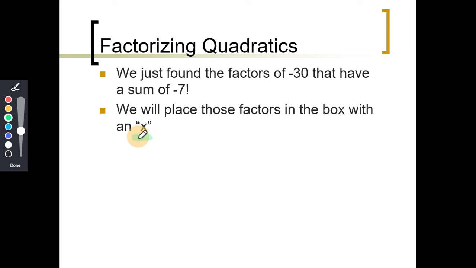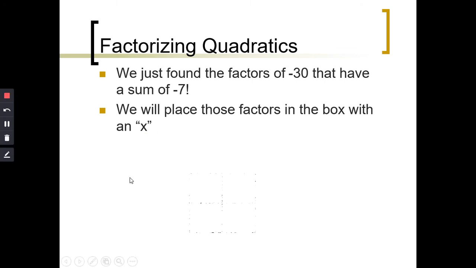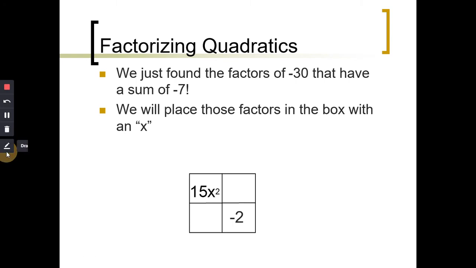Instead of saying 3 and negative 10, we are going to say 3x and negative 10x. And we are going to write each of those expressions in the remaining two boxes. Negative 10x, 3x. Do you see that?